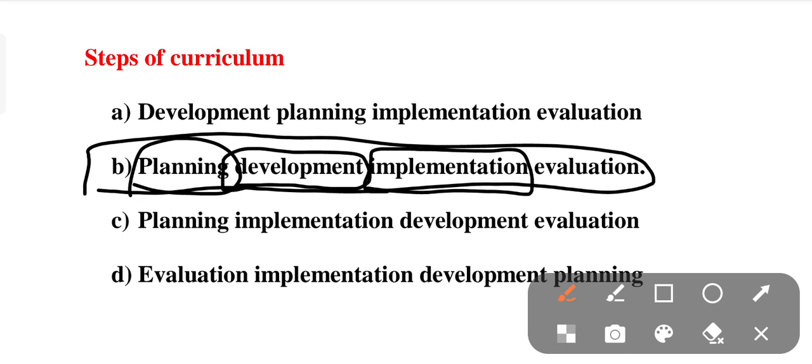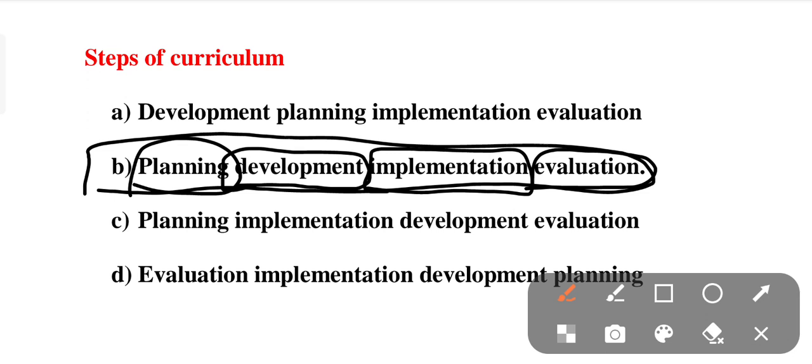So university will give the curriculum program for the colleges, so the college has to implement this program. Okay, and finally evaluation. The final stage is evaluation, which is nothing but how far the objectives are reached.